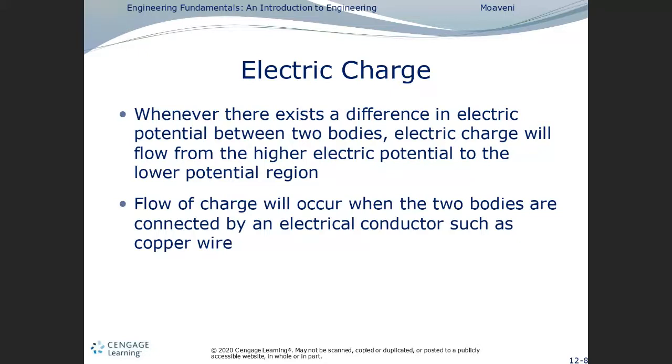And so when it reads something like the flow of charge will occur when two bodies are connected by an electrical conductor, you think about heat transfer, you think about thermal conductivity, right?